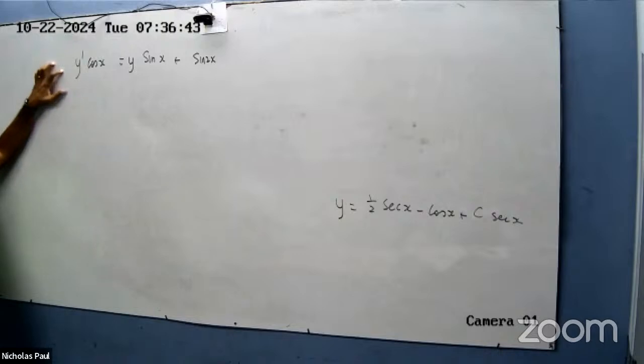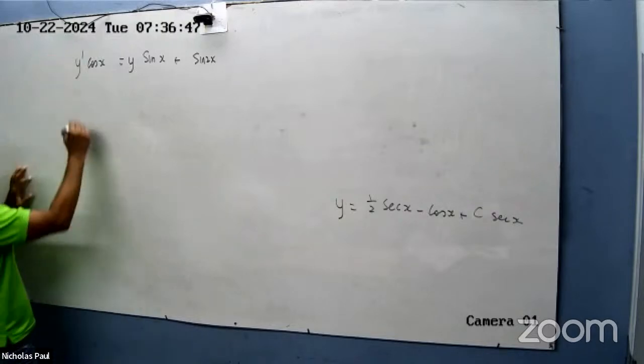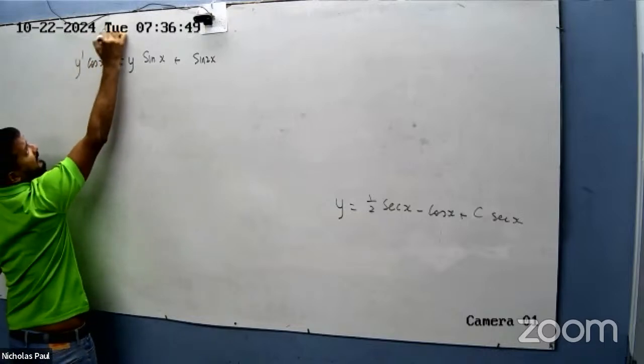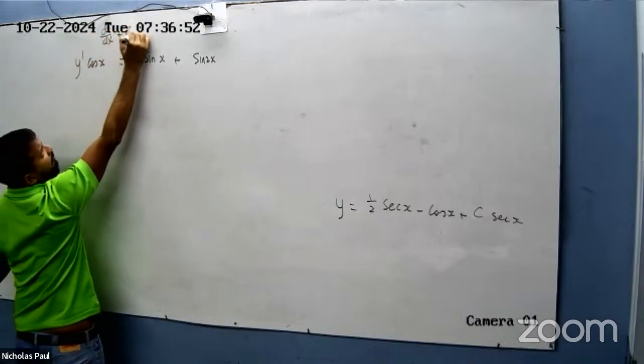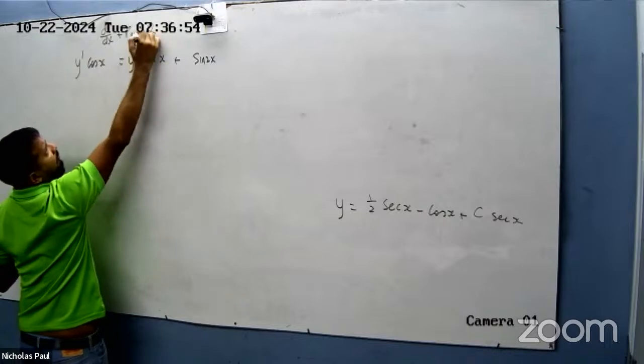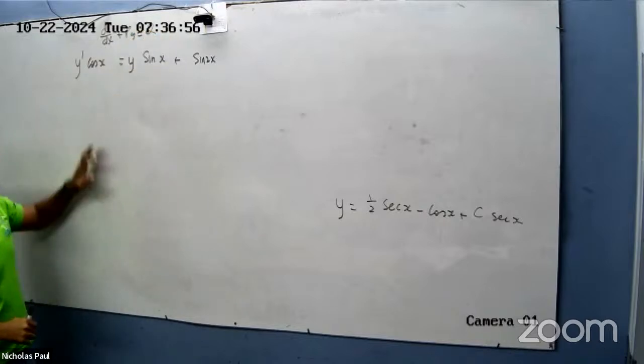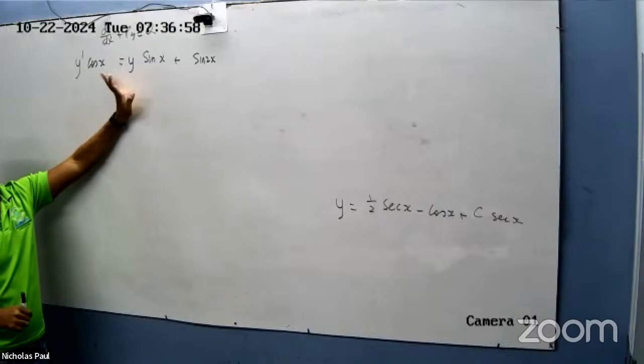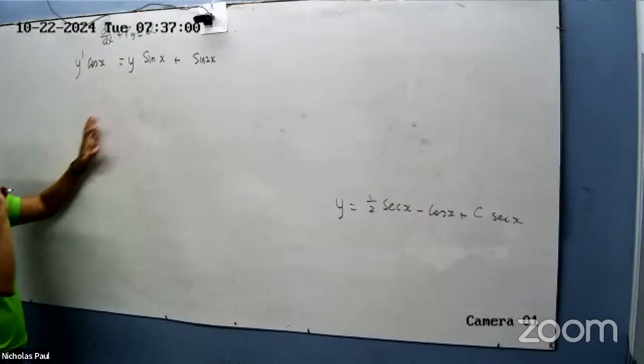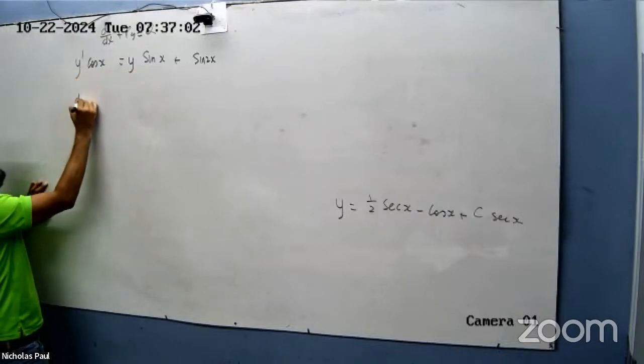What to do? It must be in this form, right? The objective is to get it in this form. Right, so as the y term on the left side. So I carry it across, right? I write in dy dx instead, right?